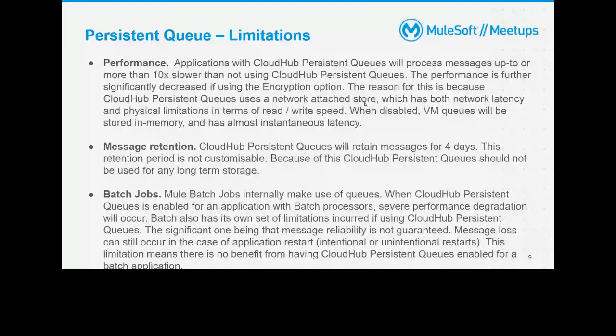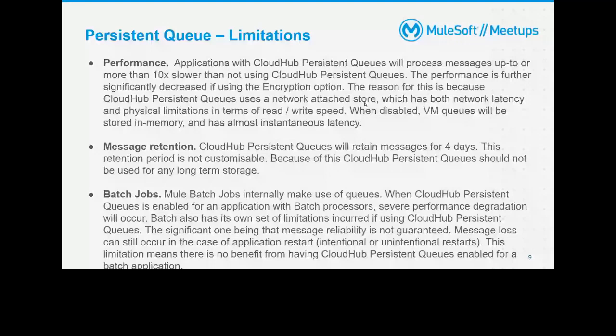It adds some network latency, so you need to consider this. When you disable this option, everything is stored in memory and there is almost no latency, but you need to take care of this also.